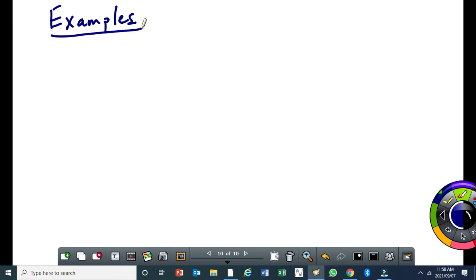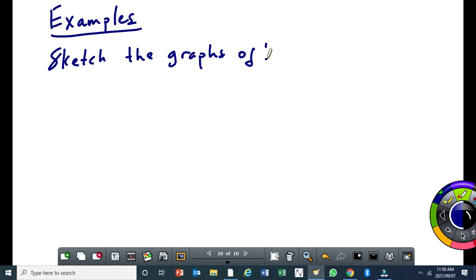Okay. Now you are going to sketch this. So I want you to sketch the following graphs: y equal to x squared. Do it on the same system of axes, and y equal to (x minus 1) squared.